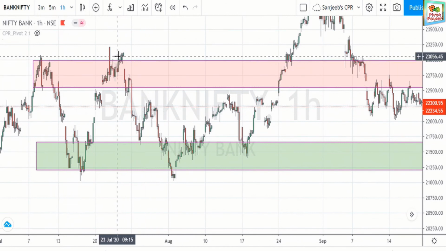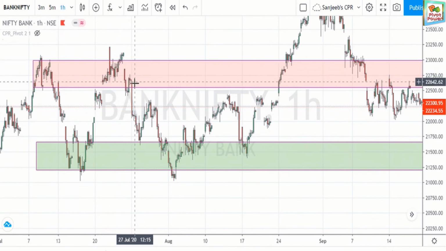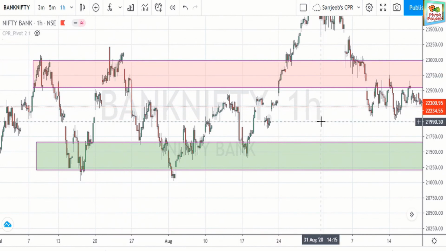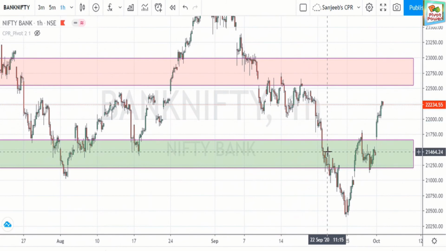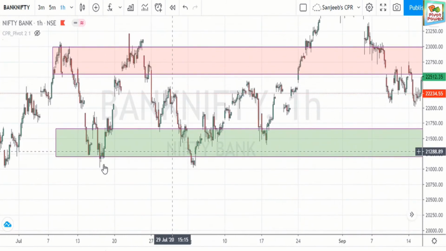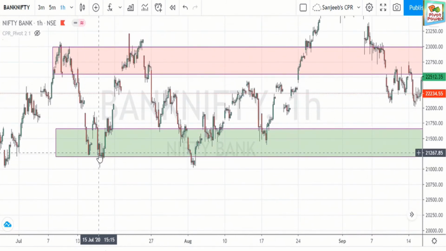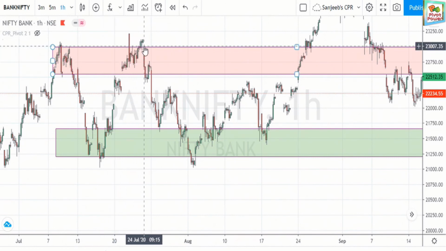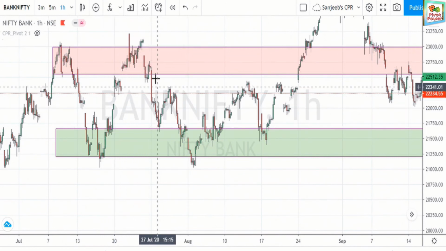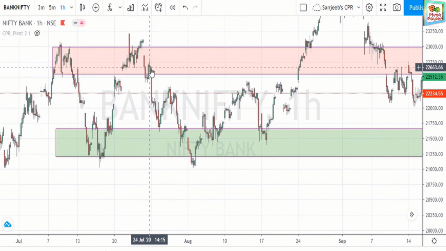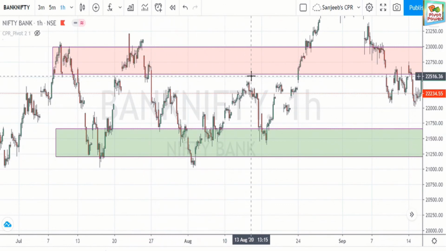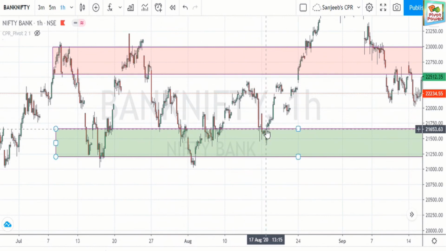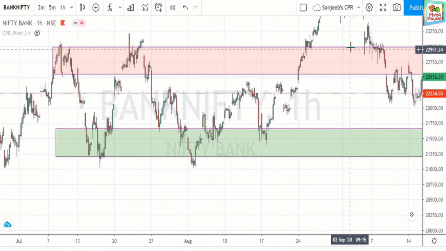You have to watch and wait for this level. See here, it's going down after this. And at the demand zone, when the price comes to this level, it goes up and up. Then it comes to the supply zone, then it goes down. Coming to the demand zone, then it goes up. And another time it comes to the demand zone, it goes up and up.